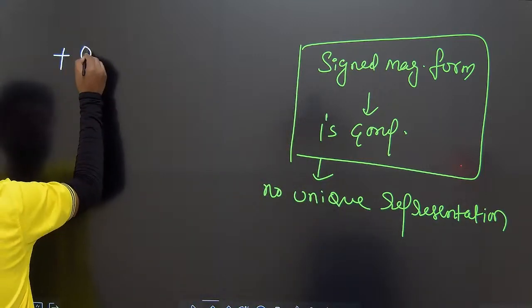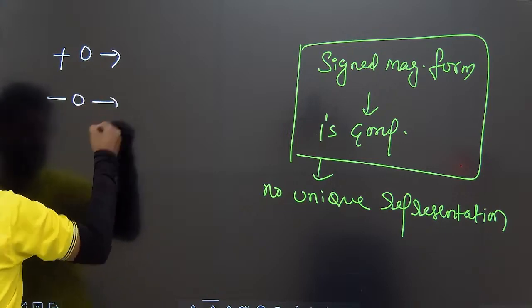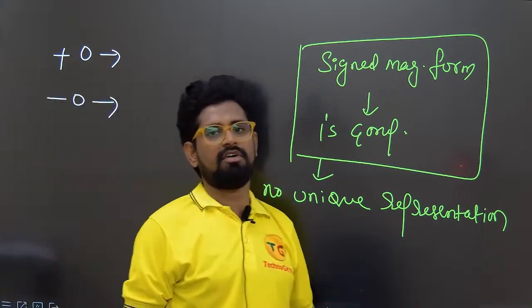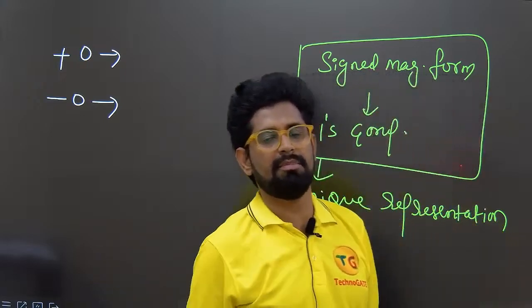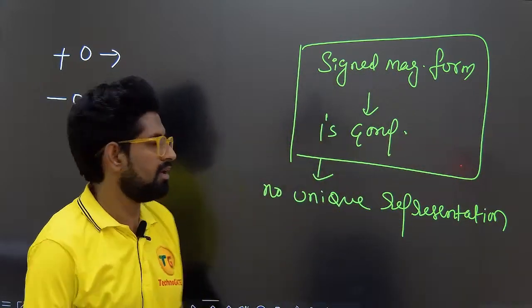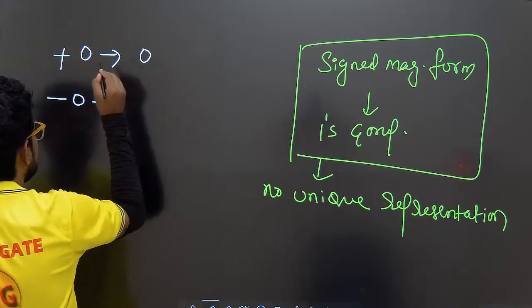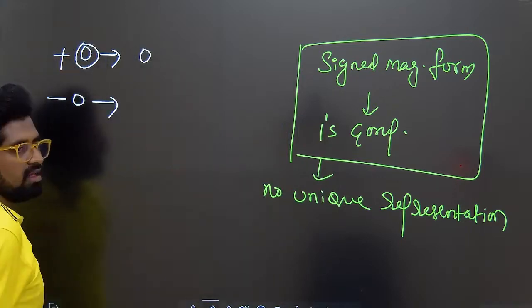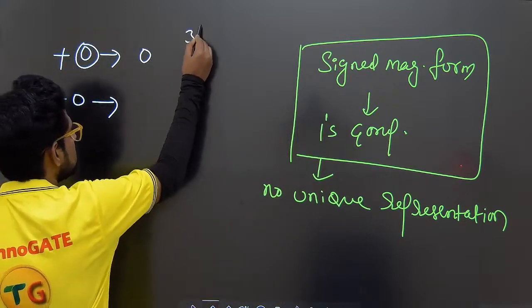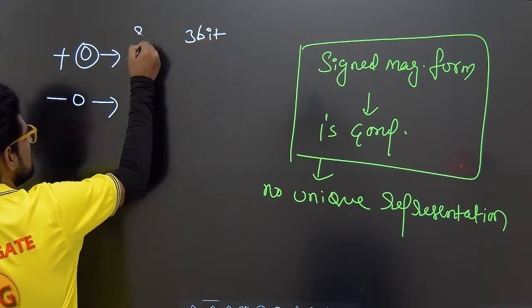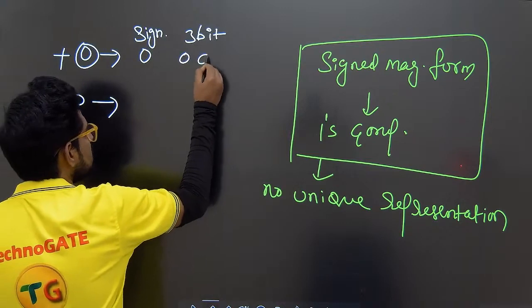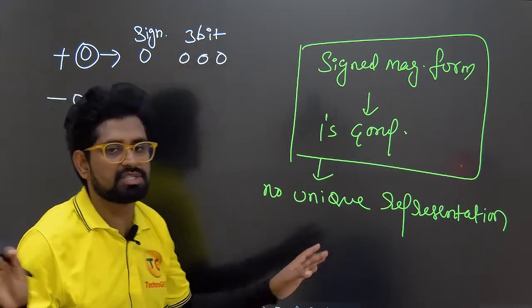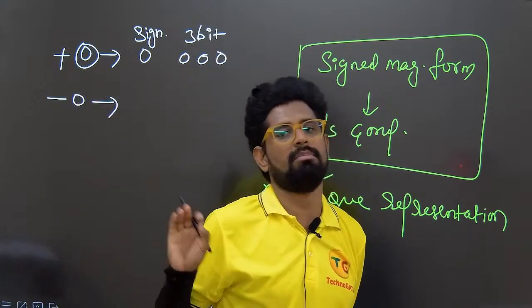Plus 0, minus 0. I told you very clearly, for positive numbers we are not going to do complement. For negative numbers only we need to perform the complement. Plus means 0, in 3-bit format. So this is the sign, and the remaining bits are 0 0 0, because for positive numbers we are not going to perform any complement.